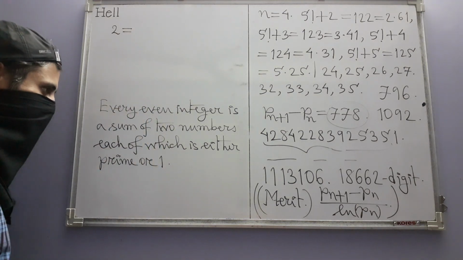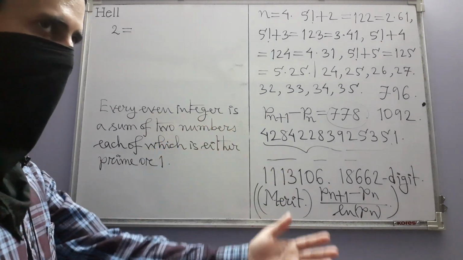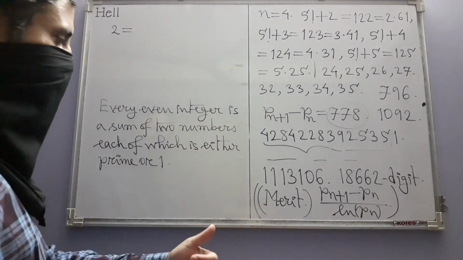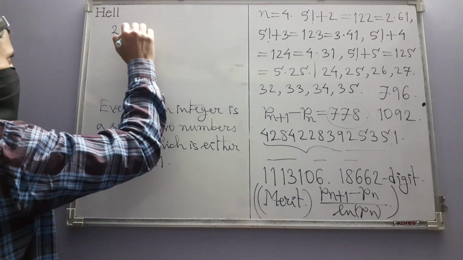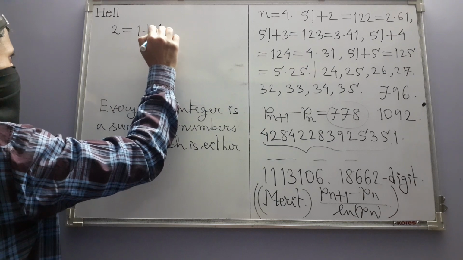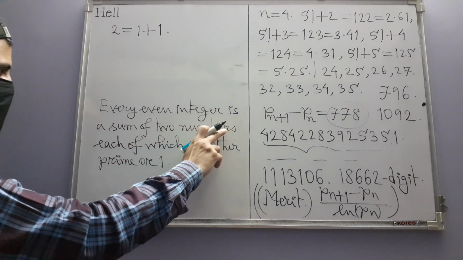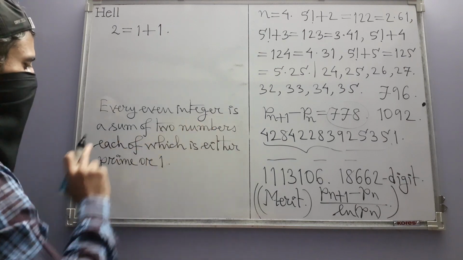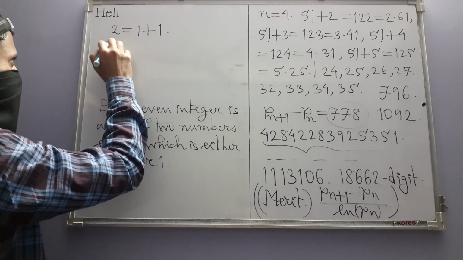So what the conjecture says is that 2 should be expressible as a sum of two numbers, each of which is either prime or 1. In case of 2, of course, this is the only possibility. 2 is 1 plus 1. So those two numbers that Goldbach is talking about here, each one of them in this case is 1.